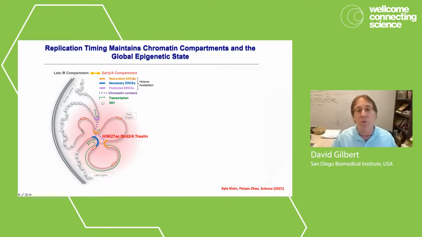We call these early replication control elements, or ERCEs. These ERCEs cluster in three-dimensional space, and they're coded with acetylated histones. So we think they form a three-dimensional hub of high levels of acetylated histones. This would then attract bromodomain proteins such as BRD2 and 4, which we know interact very strongly with a devoted replication initiation protein called treslin.